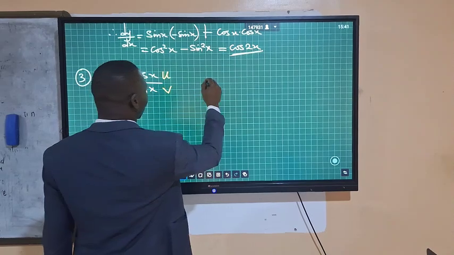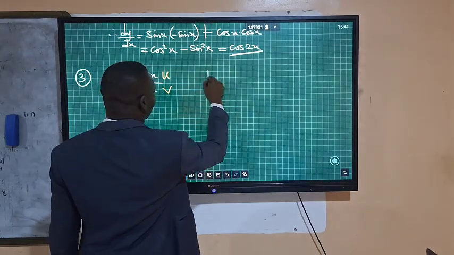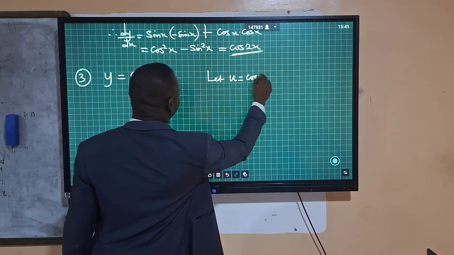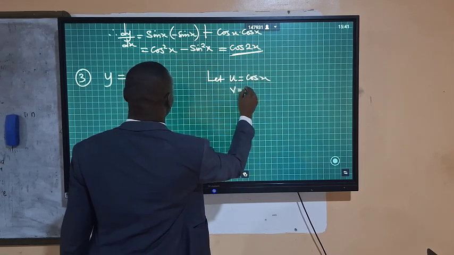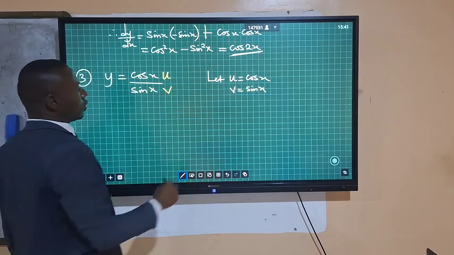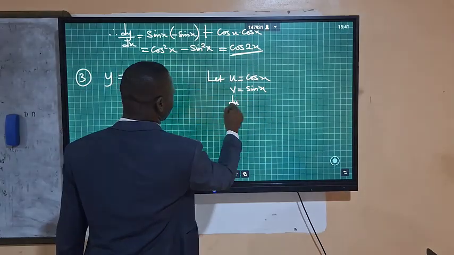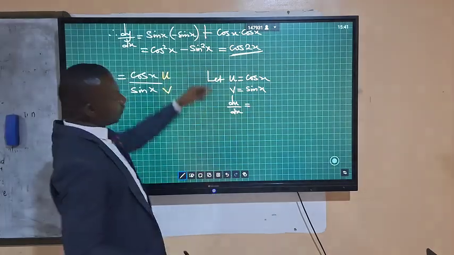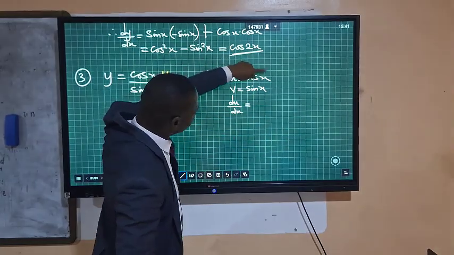So I would say, let u be cos x and v be sin x. So let's find du over dx. The du over dx means we are differentiating u with respect to x.